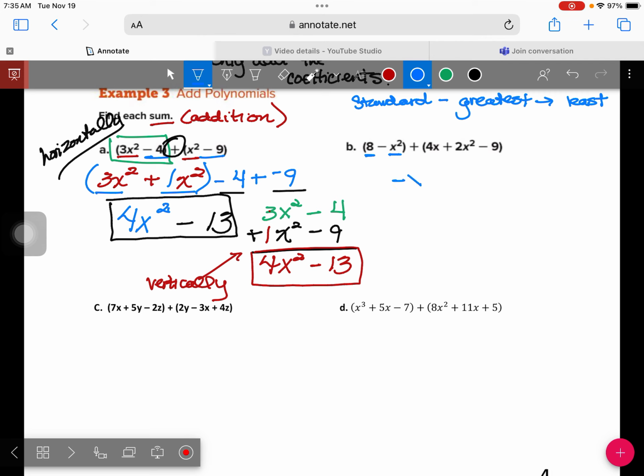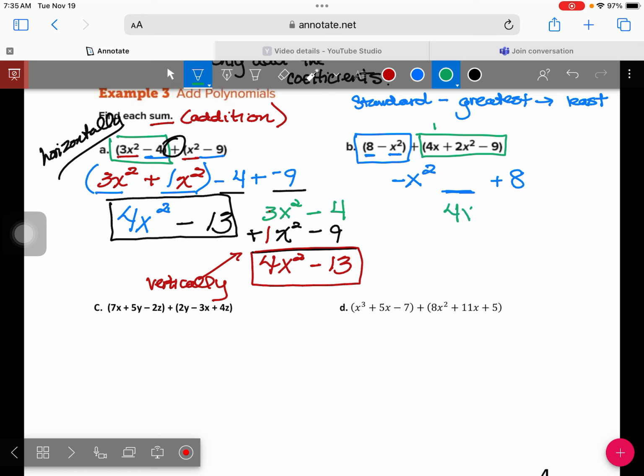So let's put -x squared first. We might have an x term in here. At least we do for the other one. And then I have plus 8. So everybody see how I got that from 8 minus x squared. So the -x squared goes first. All right, my second term has a 4x. That's a degree of 1.